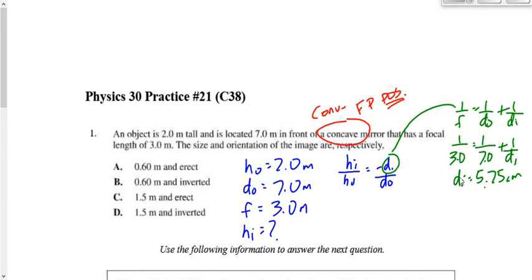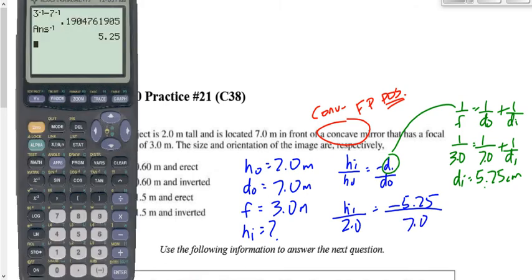We've got to finish this off by saying HI over HO, which is 2.0, equals negative DI over DO. If it was negative 5.25 for DI, we'd make it negative DI, or positive 5.25, but it's not. So let's say negative 5.25 divided by 7.